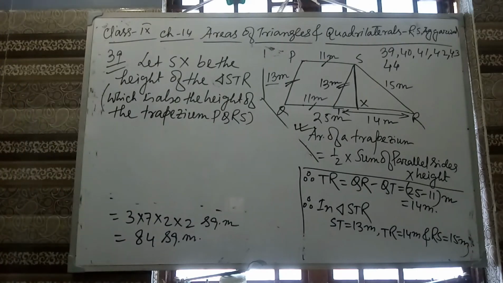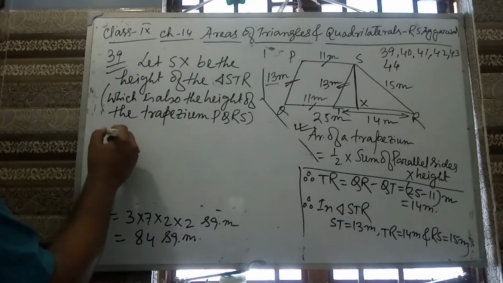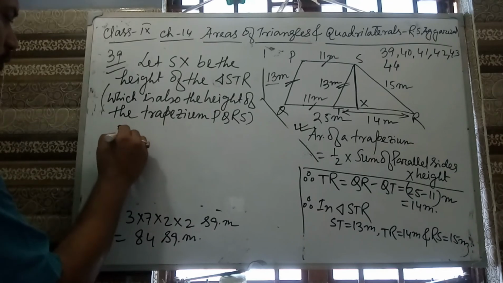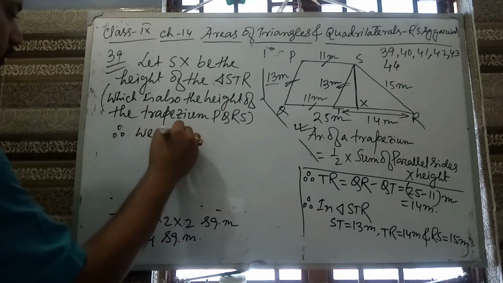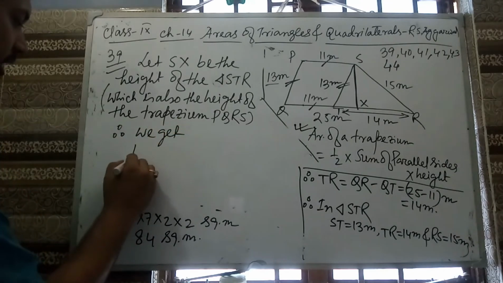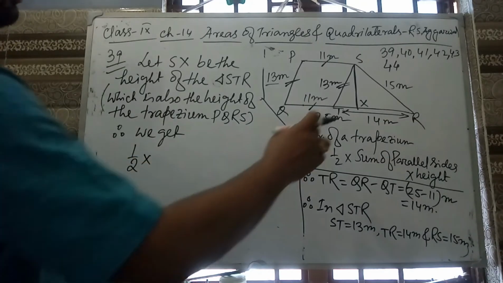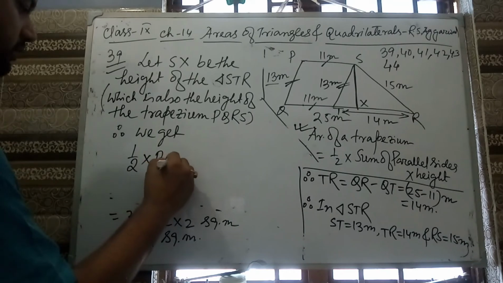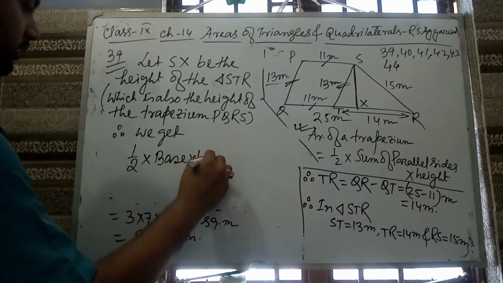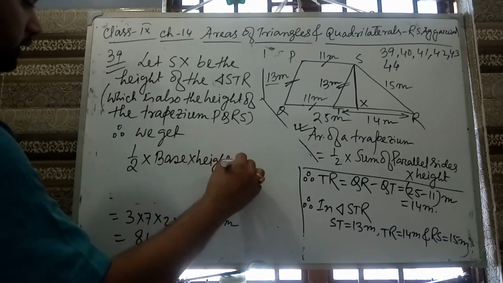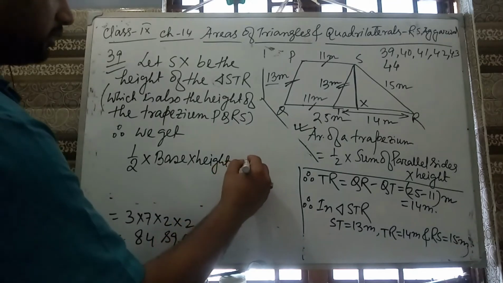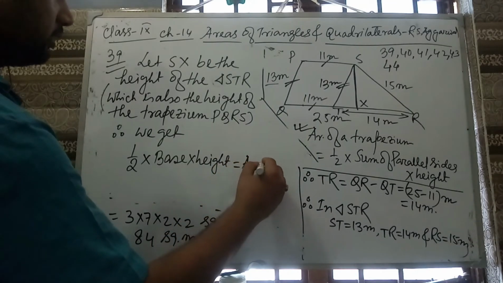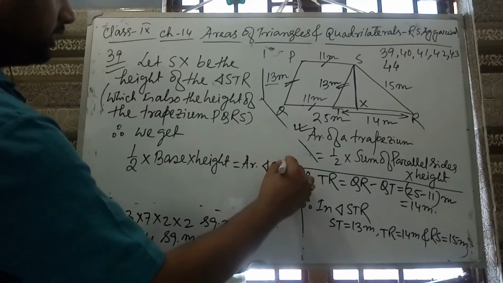Instead of writing therefore by the problem, write down therefore we get half into base into height equal to area of triangle STR.